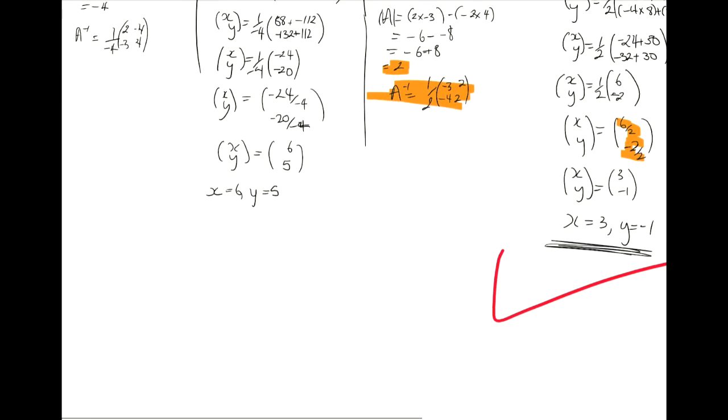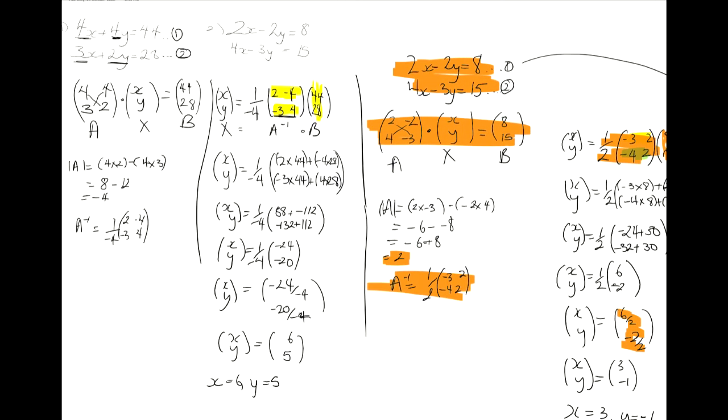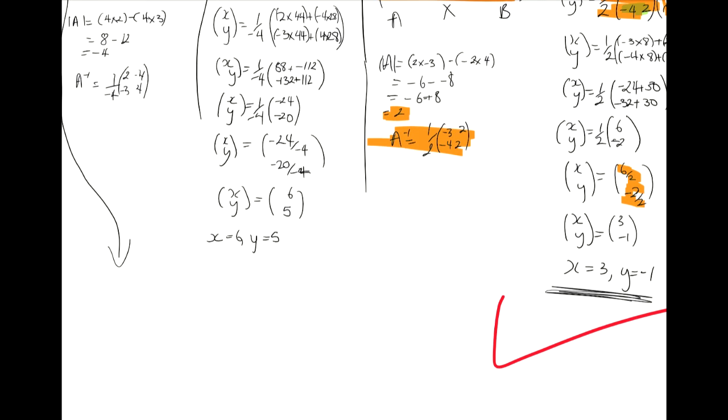If you had a look at this first one, where we got x equals 6 and y equals 5, we can pull again any of these equations. So let's pull the second one, which is this 3x plus 2y equals 28. But we know that x is 6 and y is 5.